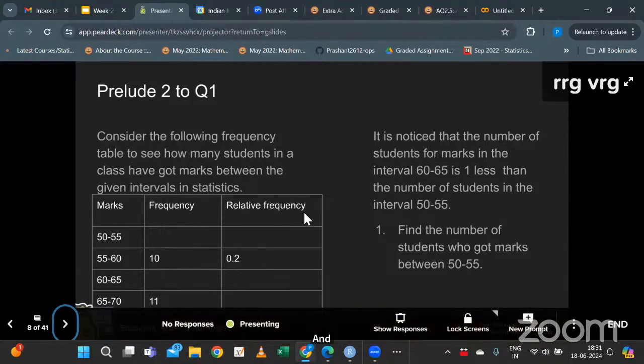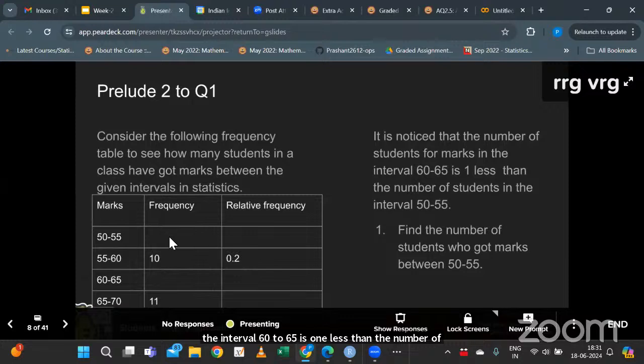So the main part of the question is this: it is noticed that the number of students for marks in the interval 60 to 65 is one less than the number of students in the interval 50 to 55.